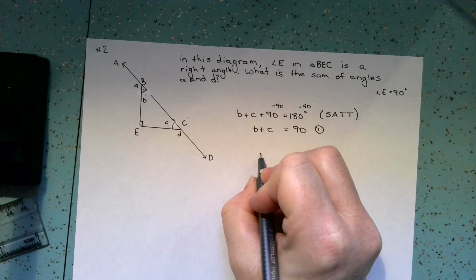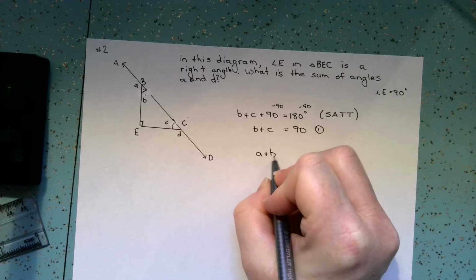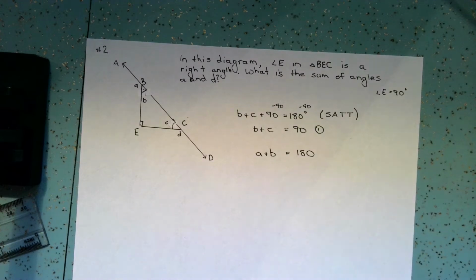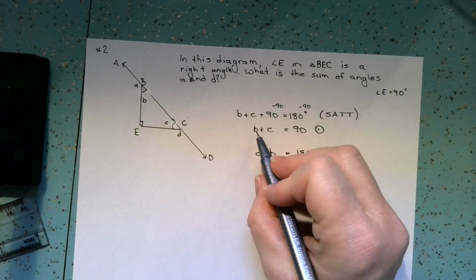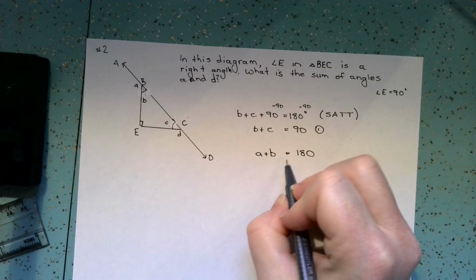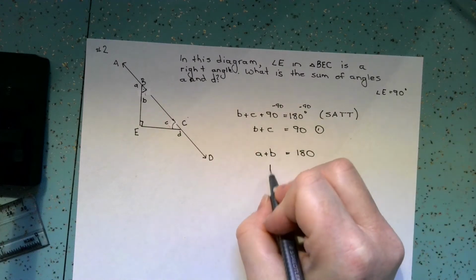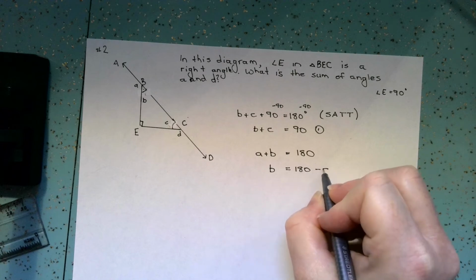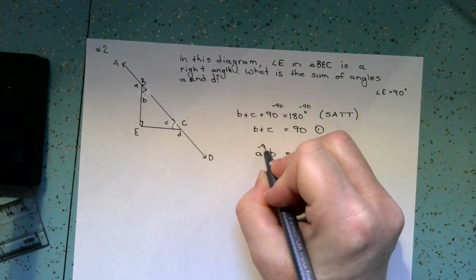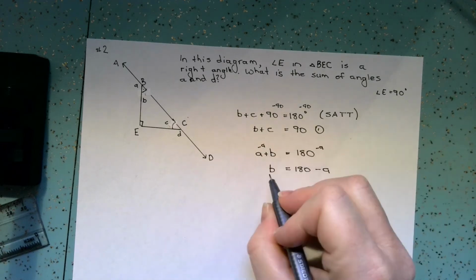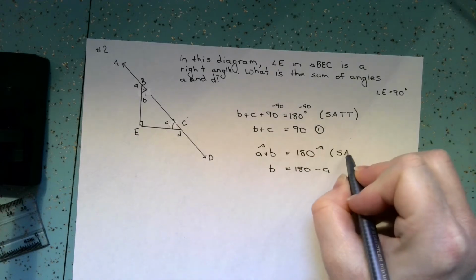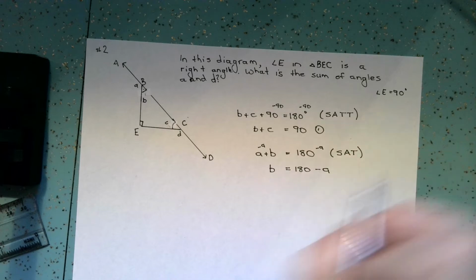So A plus B is equal to 180. I can rewrite this in terms of B because I have a B here. If I can rewrite this one, then I can substitute it in here. So I'm going to rewrite this as B is equal to 180 minus A, right? Because if I subtract A from both sides, I end up with B equals 180 minus A. And this theorem here was the supplementary angle theorem.